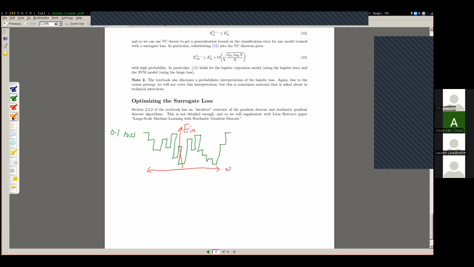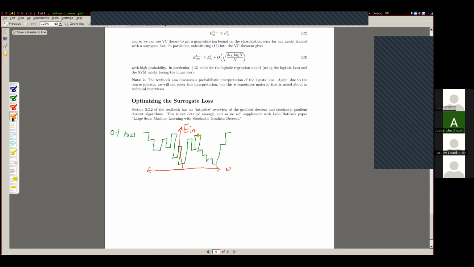The intuition about why the 0-1 loss is hard to optimize is that no matter where you are on this particular graph, let's say your current guess of W is right here, there's no way for us to know, just looking at this particular point, should I go left or should I go right?